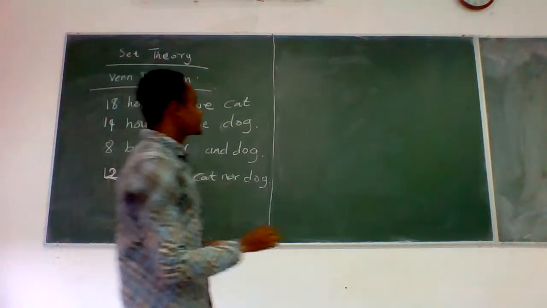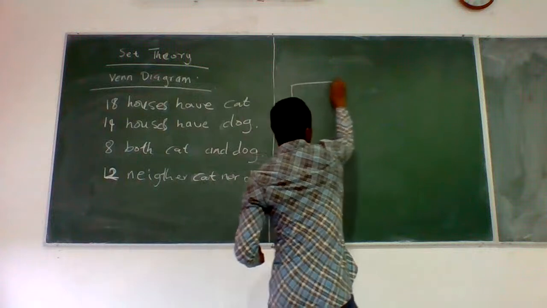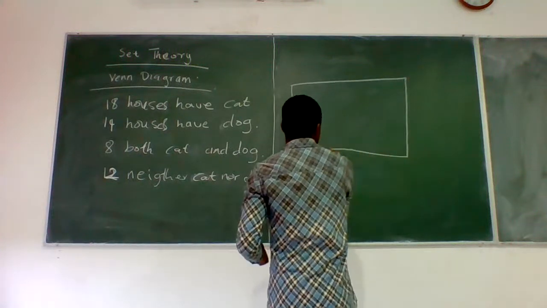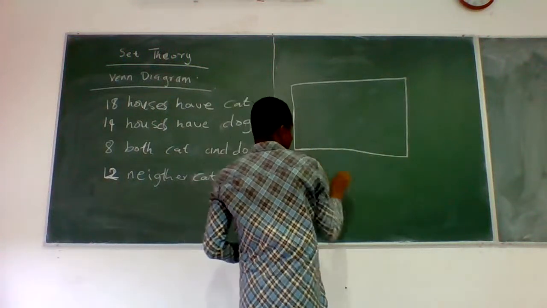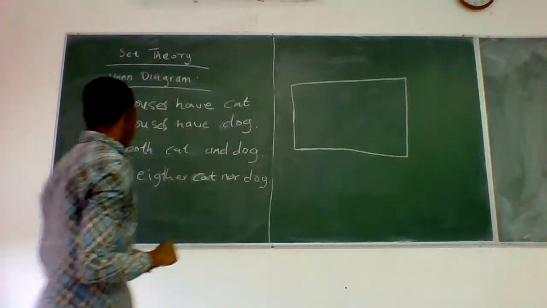So as usual, let's draw our total space. The total space here will be the total number of houses that we went through.